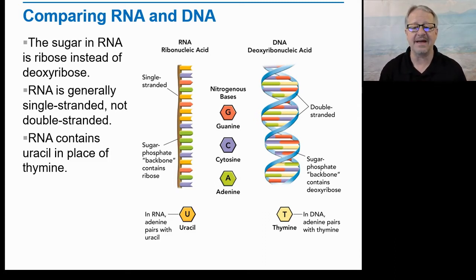So this means if you're forming a complementary code where there is an A in DNA, the RNA would pair it with a U or uracil. Okay, now it's these chemical differences that make it very easy for enzymes in the cell to tell the difference between DNA and RNA.